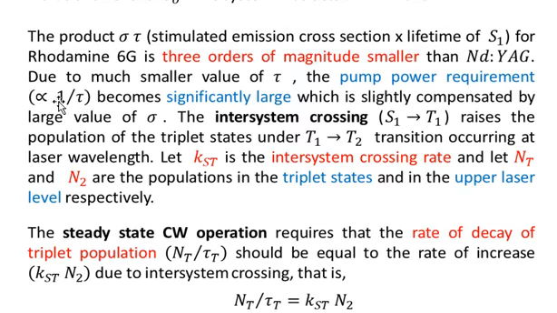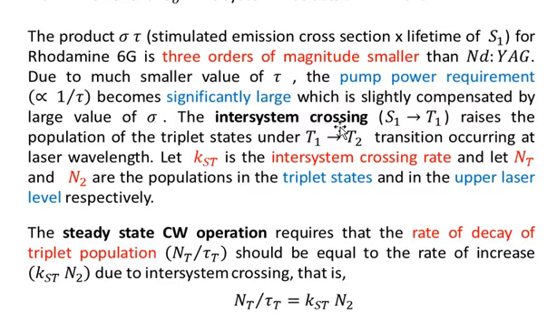So the pump power requirement for this dye laser system becomes significantly larger in comparison with the Nd:YAG laser, which is slightly compensated by the large value of sigma. I have discussed earlier that sigma is very large. But of course, the smaller value of tau is compensated by a larger value of sigma. But even then, a very strong pumping is required.